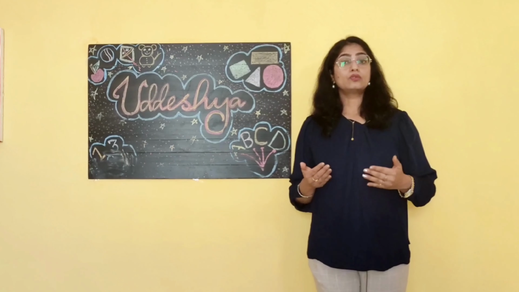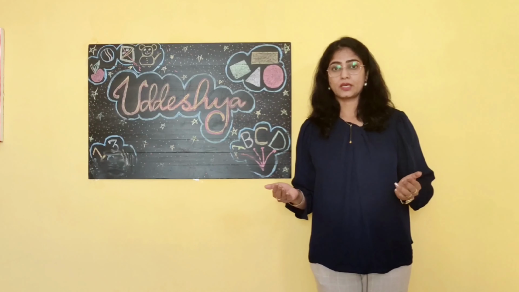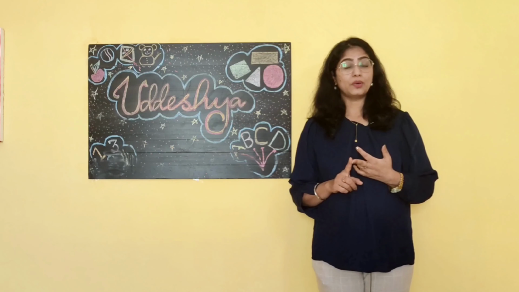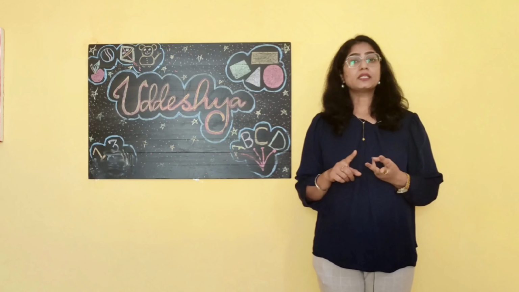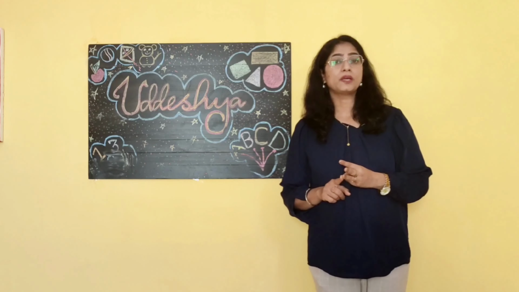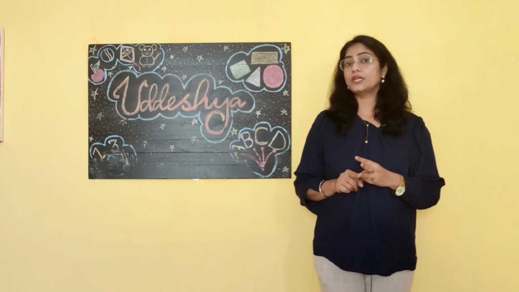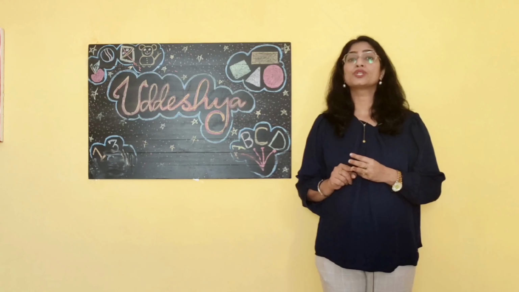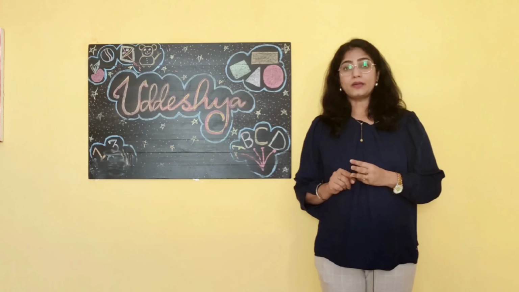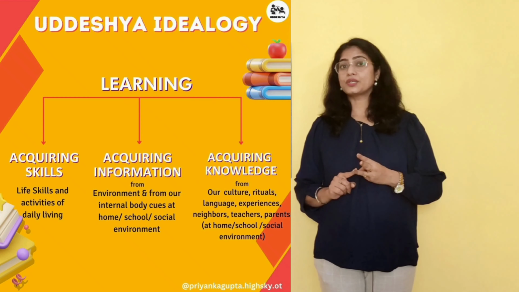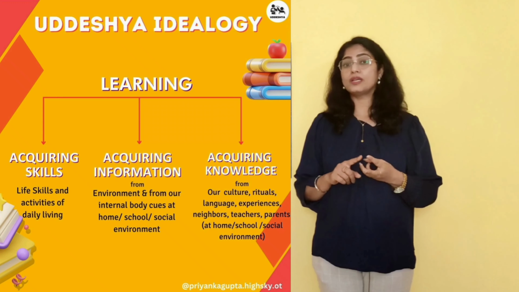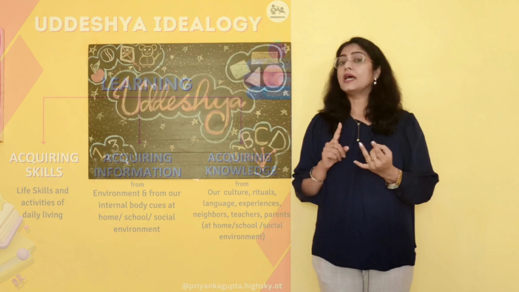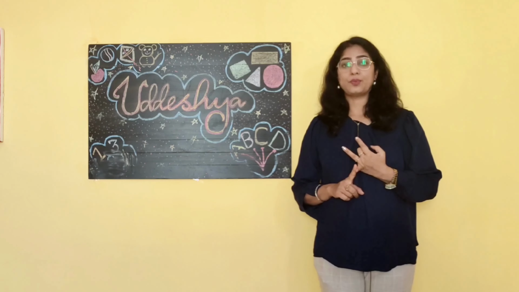It's not about socialization of the kid. It is not about only providing special education to the kid. It is not about giving group therapies for self-regulation or improving emotional skills. But Uddeshya involves socialization, self-regulation, emotional skills and academic skills as well.